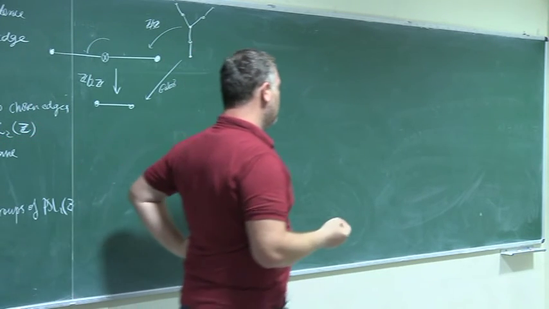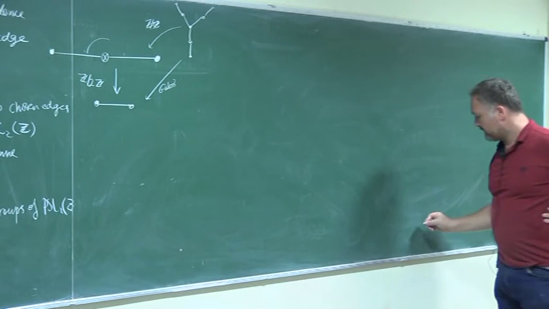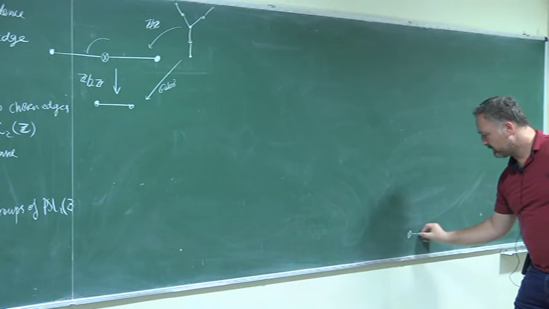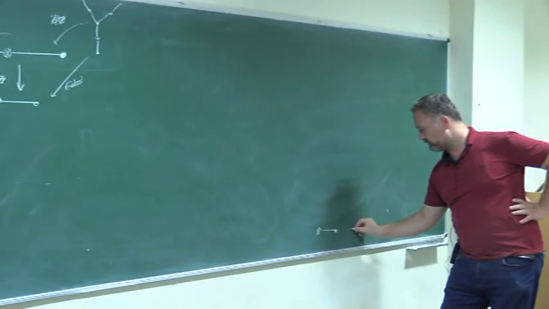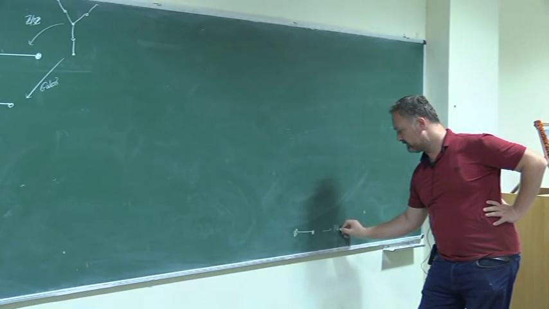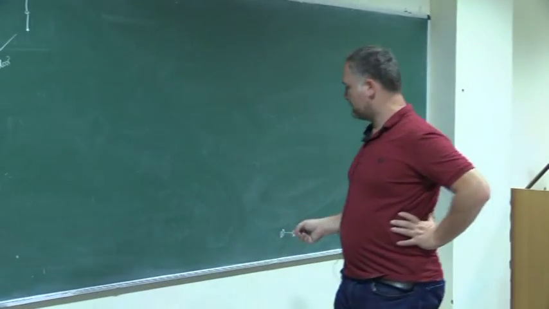So now we can take a general picture of subgroups of the modular group. At the very bottom, I have this, and the corresponding subgroup is PSL2Z itself. And I construct some coverings.